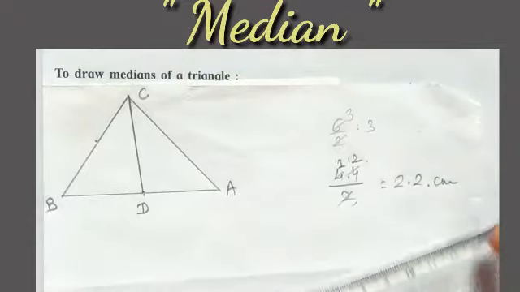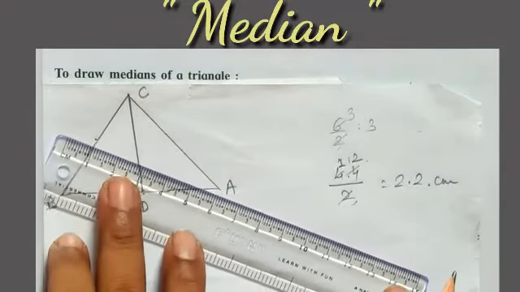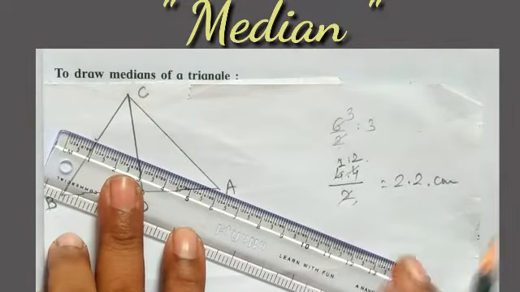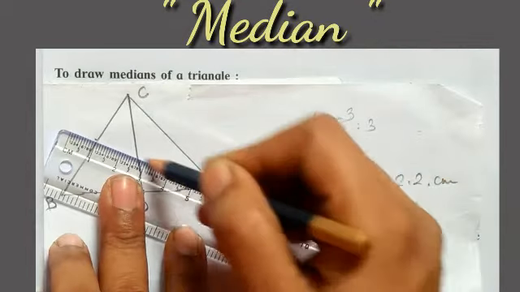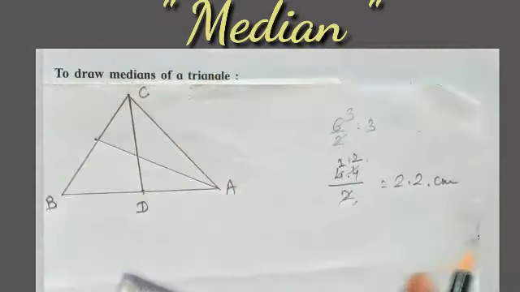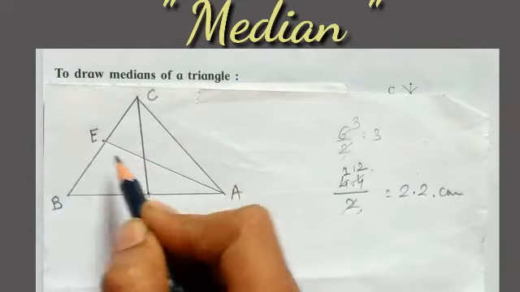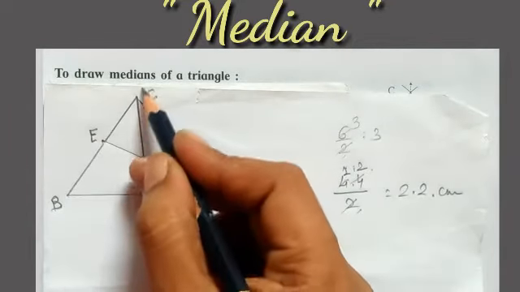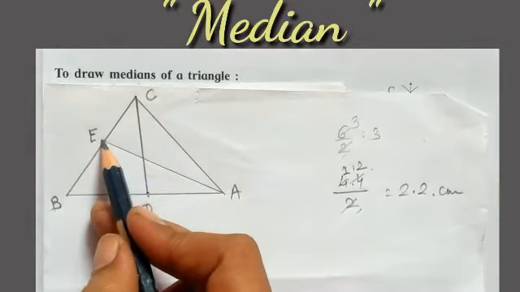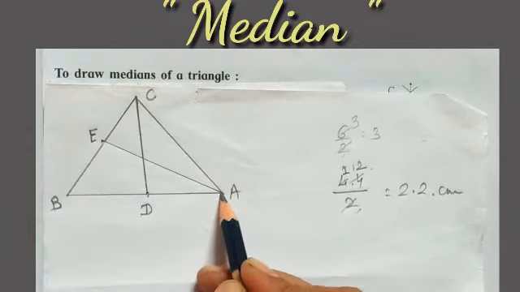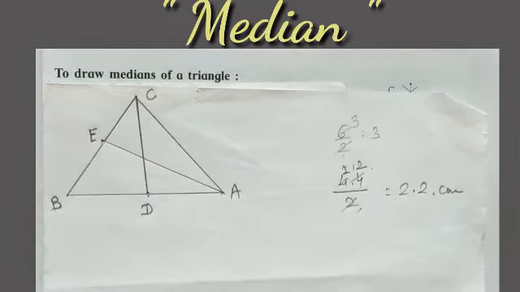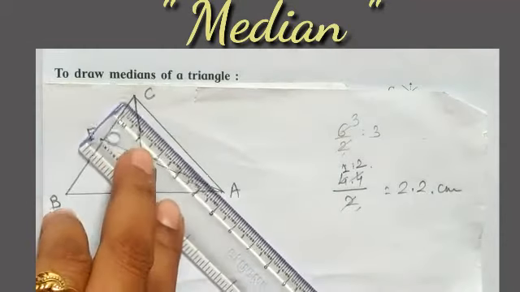This is the midpoint which we have to simply attach with the opposite vertex, that is A. So label it. This point E is the midpoint of the side BC which we have to join towards the vertex A.